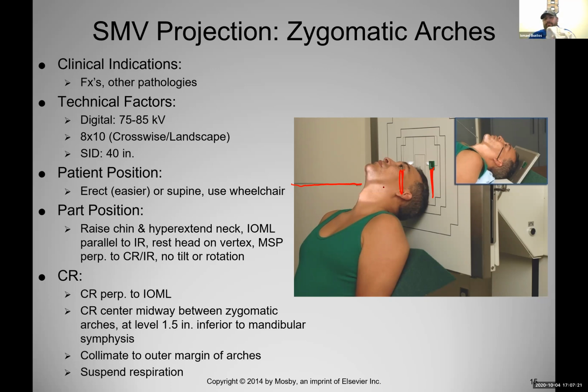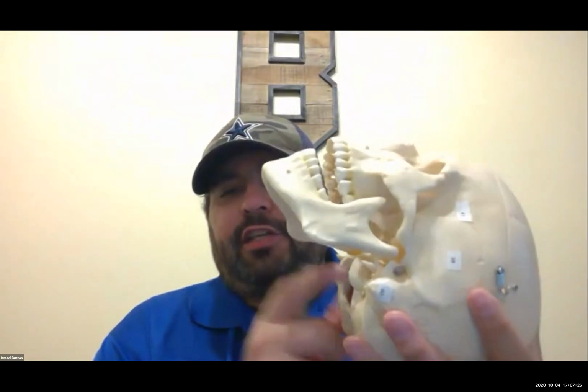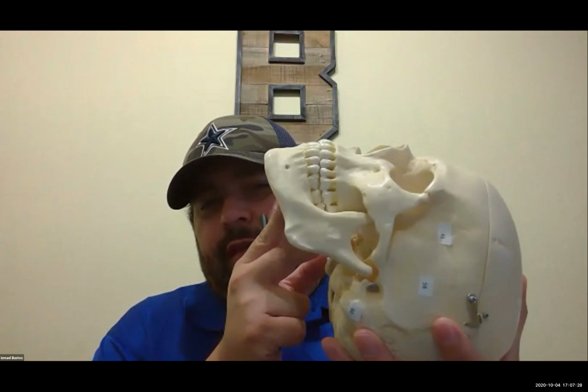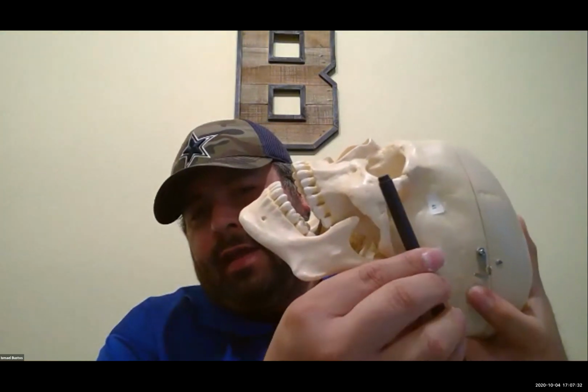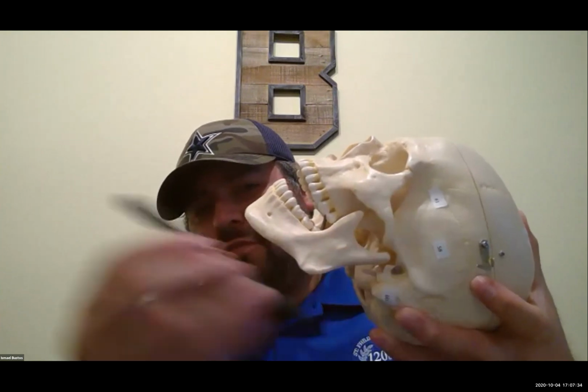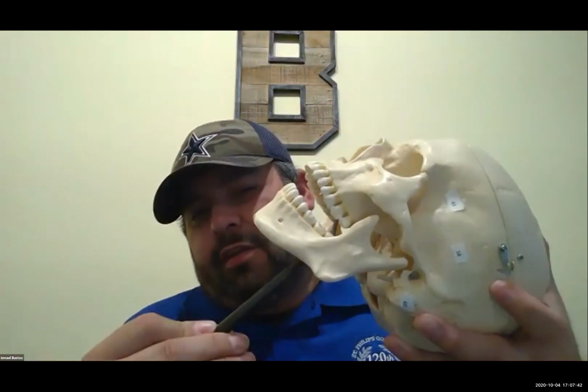So what that means, if my patient cannot rest his vertex on the image receptor, and he's kind of like this, my IOML now has come this way. So what I'm going to have to do with my CR is angle it to become perpendicular to the IOML. I'm no longer perpendicular to the image receptor. I'm perpendicular to the IOML.